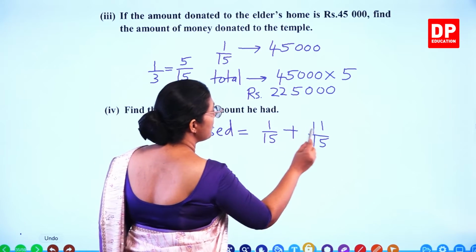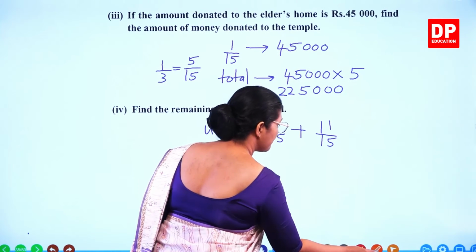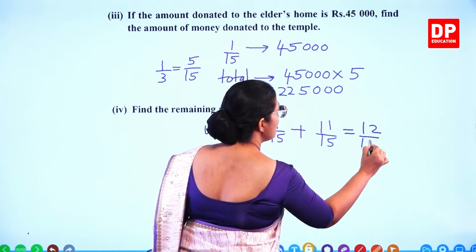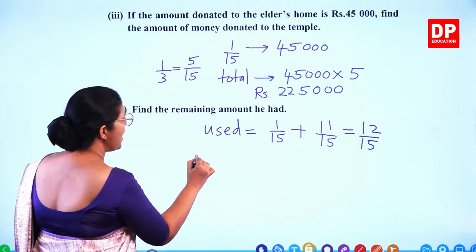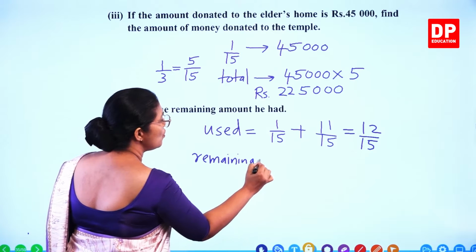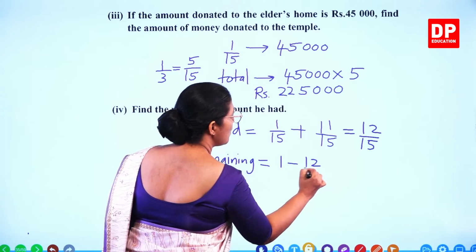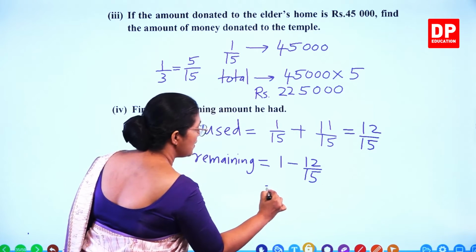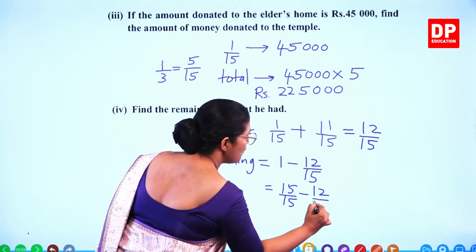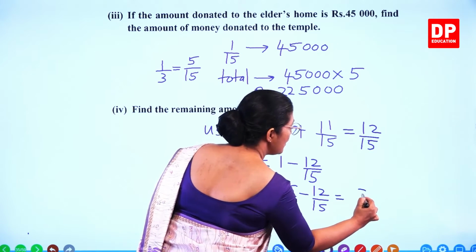So here 1 plus 11, you get 12/15. So what is the remaining amount? Remaining part is equal to 1 minus 12/15. That means 15/15 minus 12/15. That's 3/15.